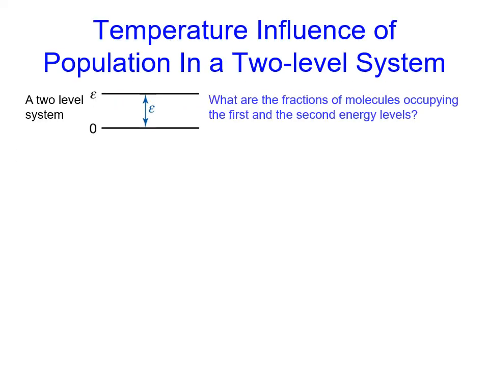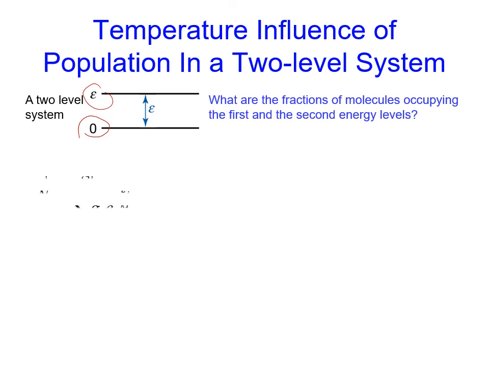Let's apply the Boltzmann distribution to a very simple system that has two energy levels. The lowest energy level is 0, and the second energy level is epsilon. What are the fractions of molecules occupying the first and the second energy level?